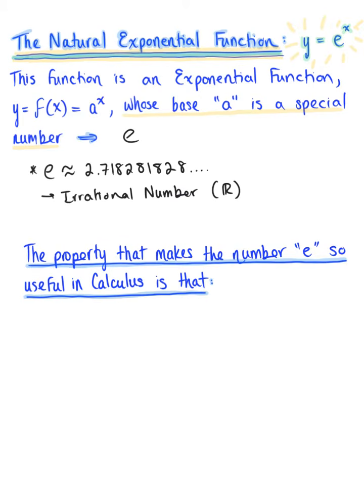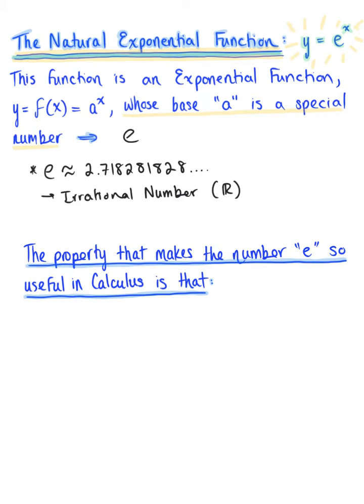Now, while this number e may seem a little strange right now, this number is going to continue to simplify our computation for exponential growth and exponential decay models as we progress through calculus. And why or how, you might be asking yourself, which is a great question.